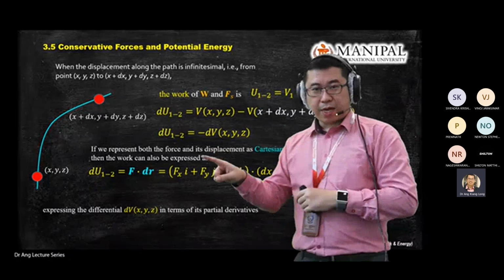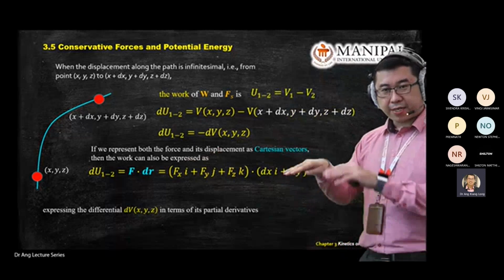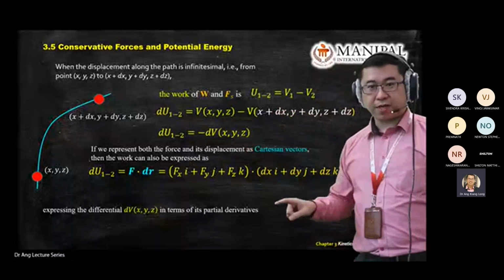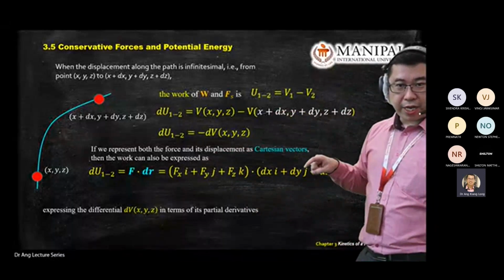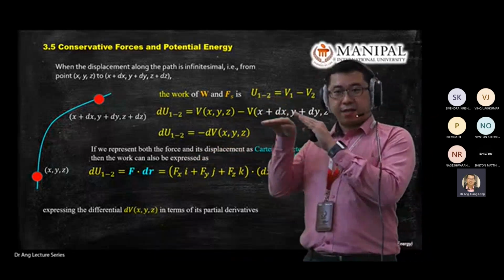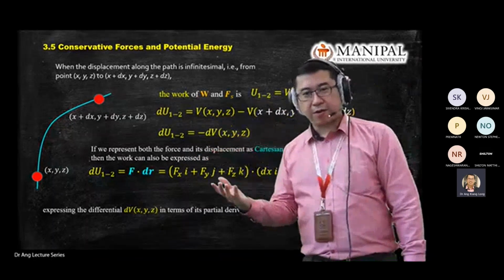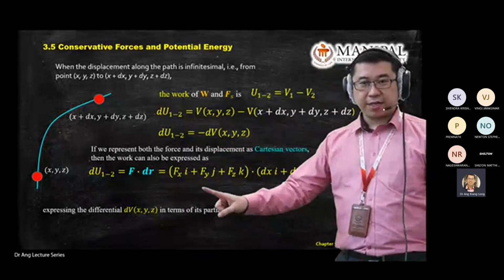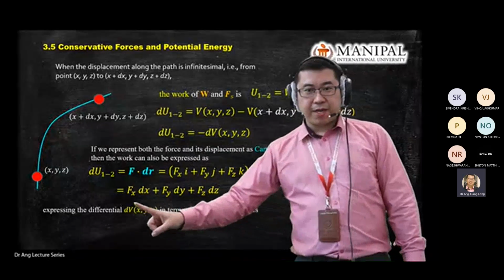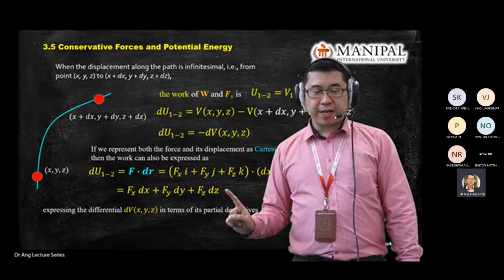So what I want to show you here is that i multiplied by i gives the same direction, so you get work done. Force by displacement, you get work. I multiply by j means what? i and j are 90 degrees apart, so there's no work done at 90 degrees. So from here you only are left with Fx dx, Fy dy, Fz dz.